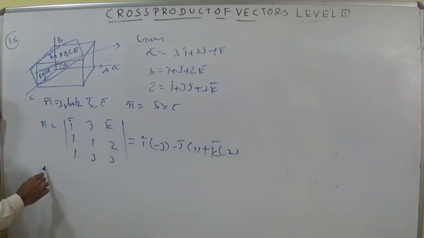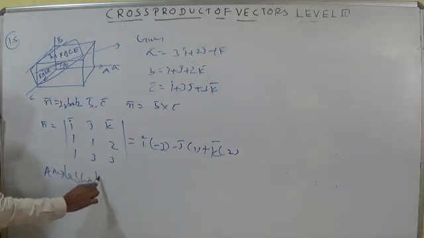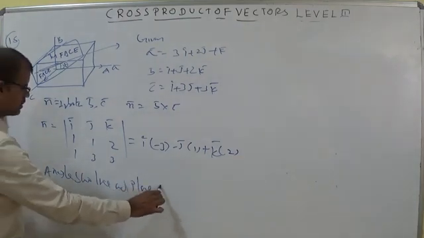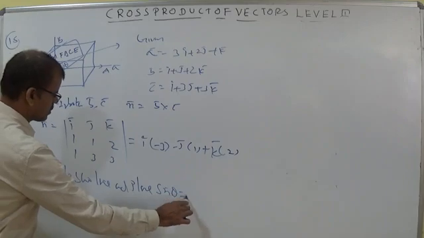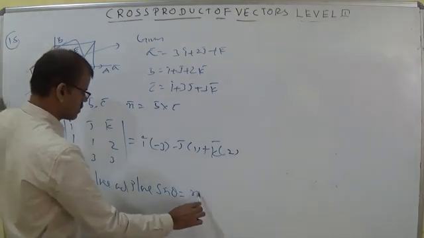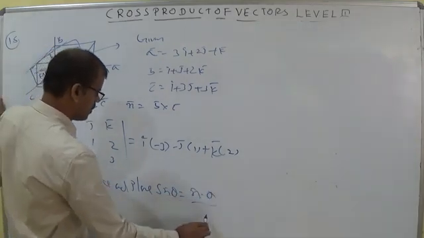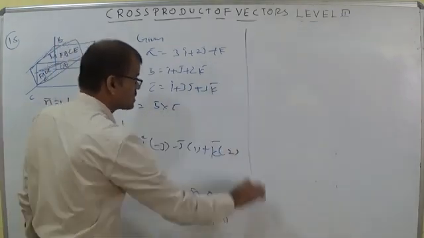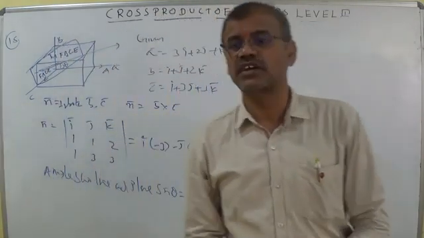Now you should calculate the angle between line and plane. Angle between line and plane is sin theta formula, not cos theta. Sin theta is equal to n bar dot a bar by modulus of n into modulus of a. Originally it is the cos theta formula, cos of 90 minus theta.